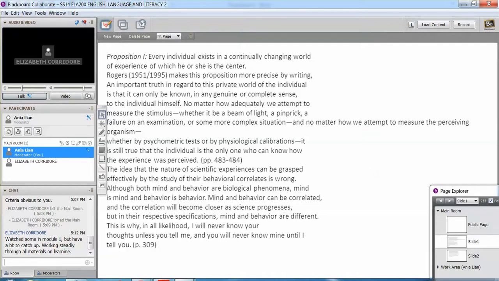So the difference between a high distinction, a credit and a pass is how much time you give to reflect on the ideas in those lectures or PowerPoints or texts.